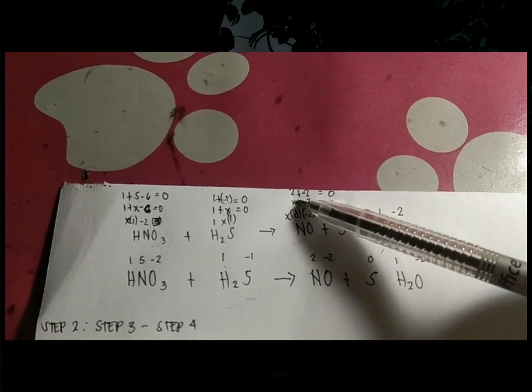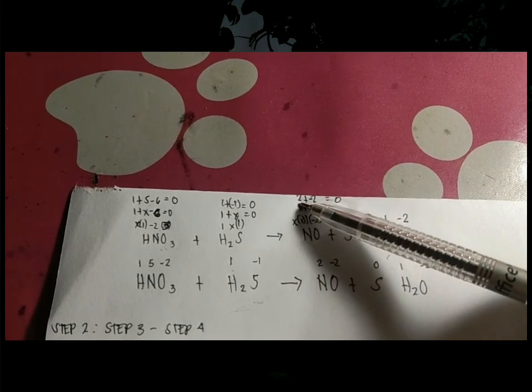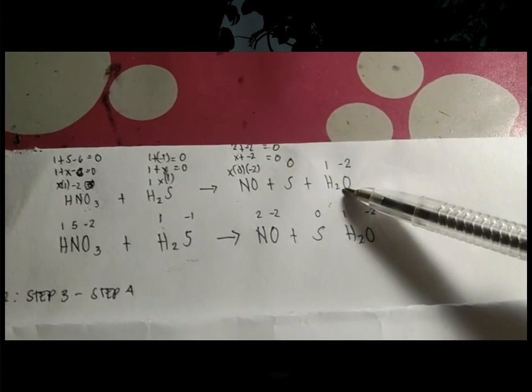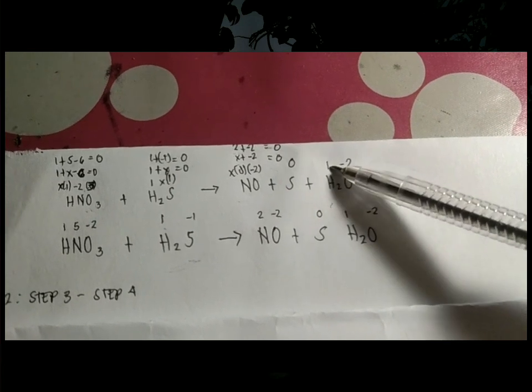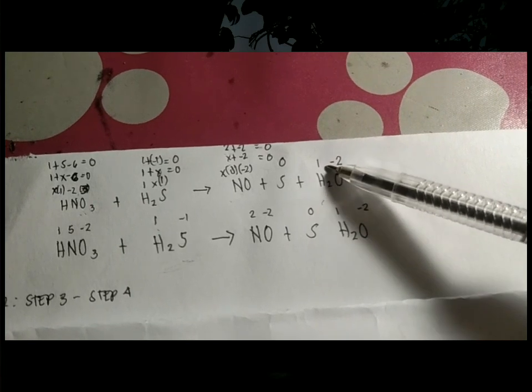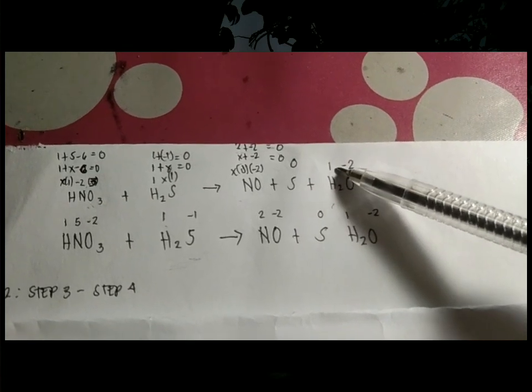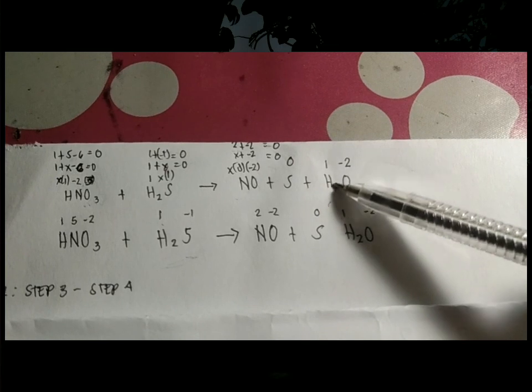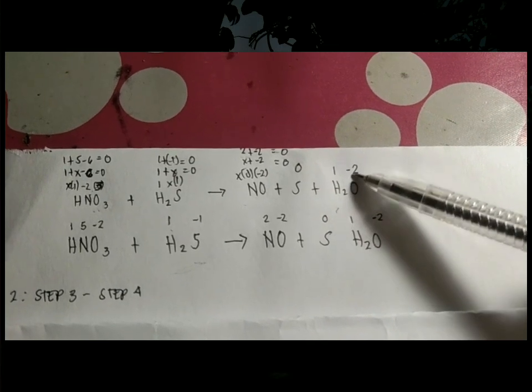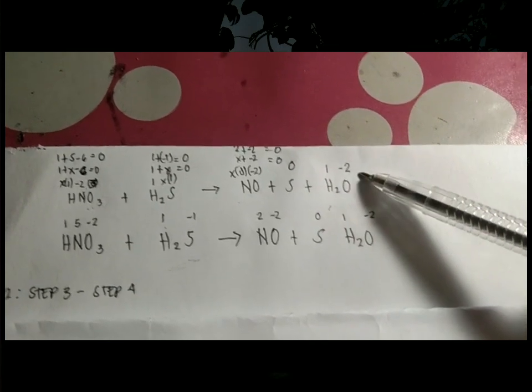So we are going to find another number that makes it equal to 0. So now we have 2 plus negative 2 is equal to 0. So here in H2O, or in the water molecule, it is understood that hydrogen has 1 atom, and then oxygen has negative 2.